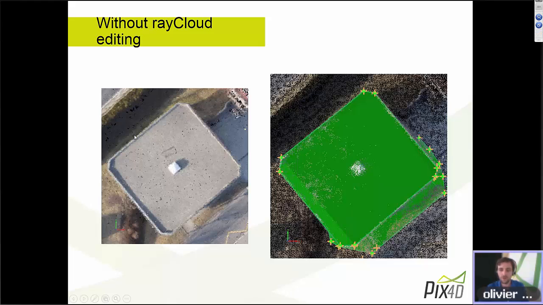Here's the house, the same house that we saw in the previous examples. In this house, you can see that the point cloud is a bit noisy on the edge. However, in the rayCloud, you can introduce a surface around this roof.